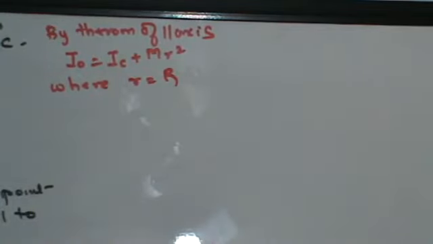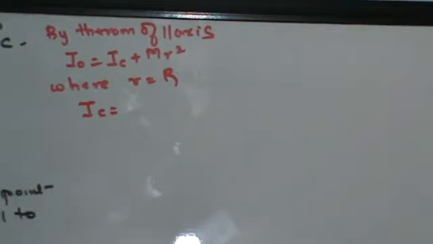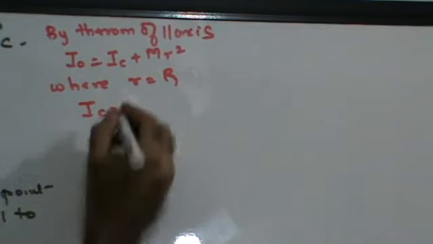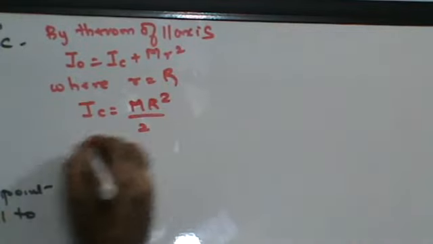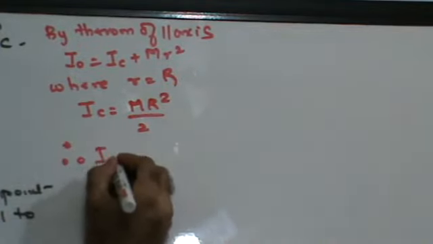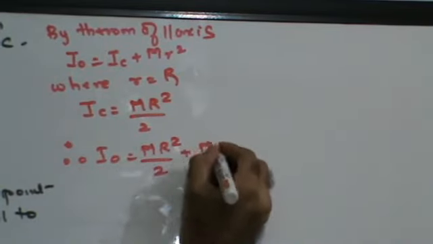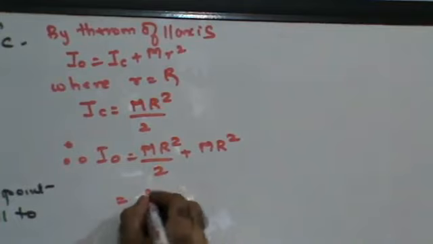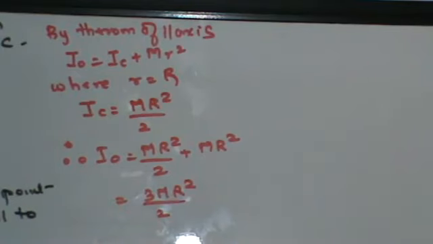IC is the moment of inertia of the disk about an axis passing through the center and perpendicular to the disk, which we found out as MR square by 2. Therefore IO is equal to MR square by 2 plus MR square. This is nothing but 3 MR square by 2. So that is going to be my moment of inertia of the disk.